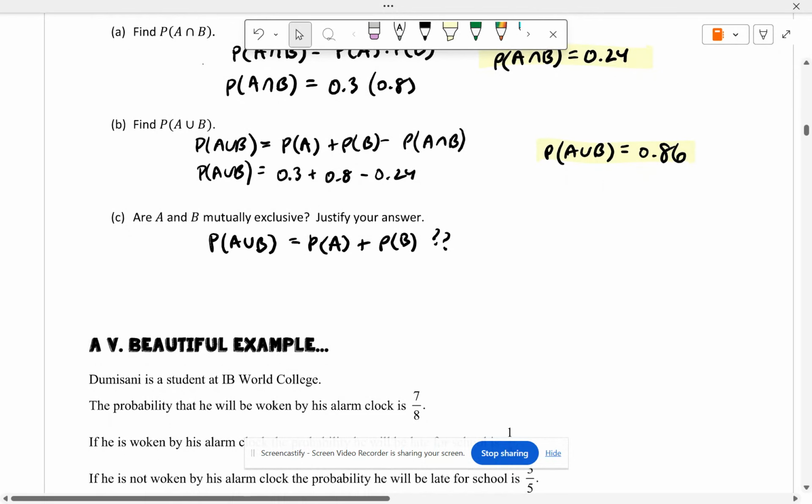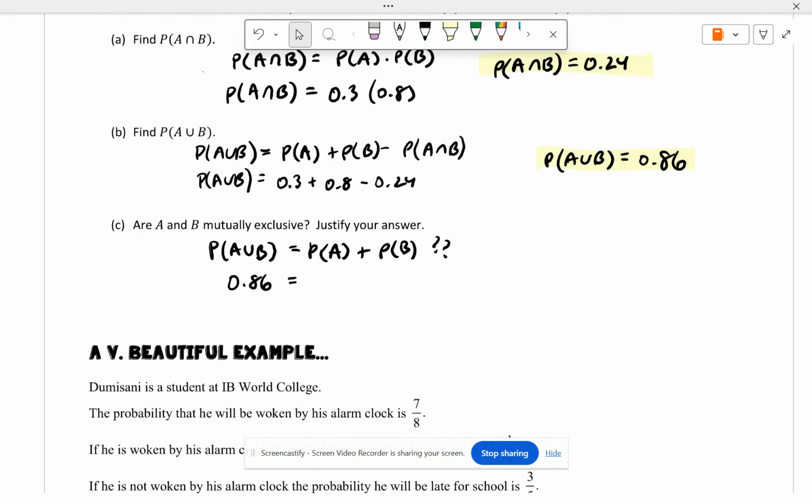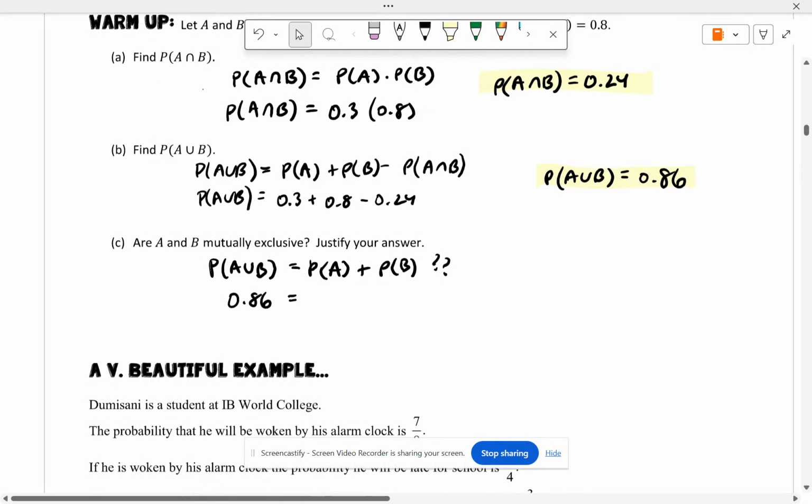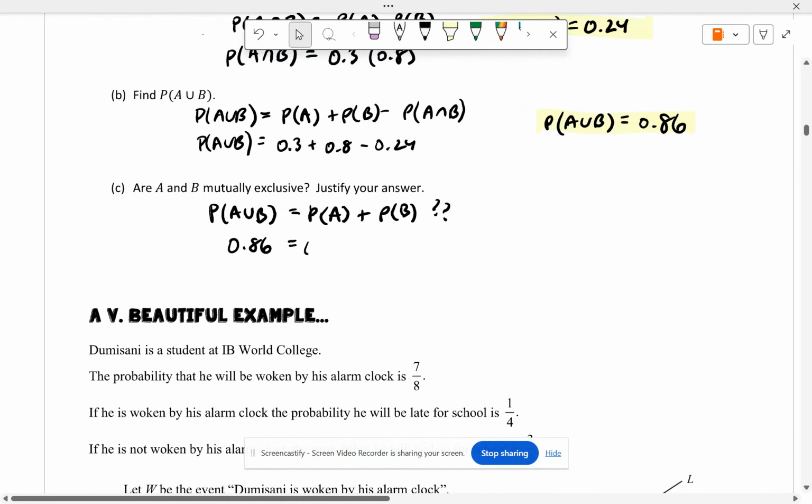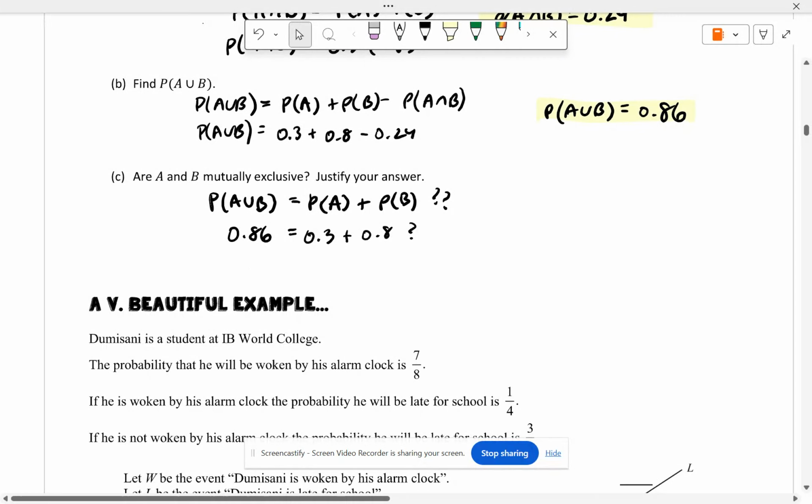The probability of A or B was just found above, and it is in fact 0.86. And we're going to see if that is equal to the probability of A plus the probability of B. Still checking, right? Okay, so 0.86 is equal to 1.1. No. You would put a cross over there.